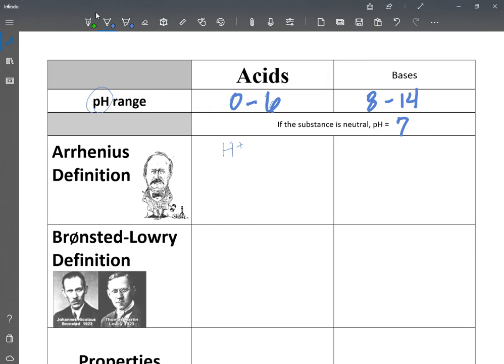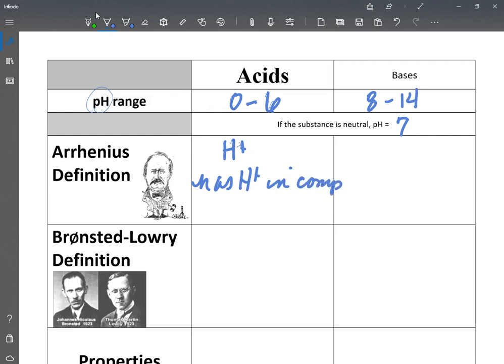All right, the definition of an Arrhenius acid. Arrhenius was one of the first guys to define acids, and his definition is that an Arrhenius acid has a hydrogen ion in the compound, and it will produce hydrogen ions when put into water.